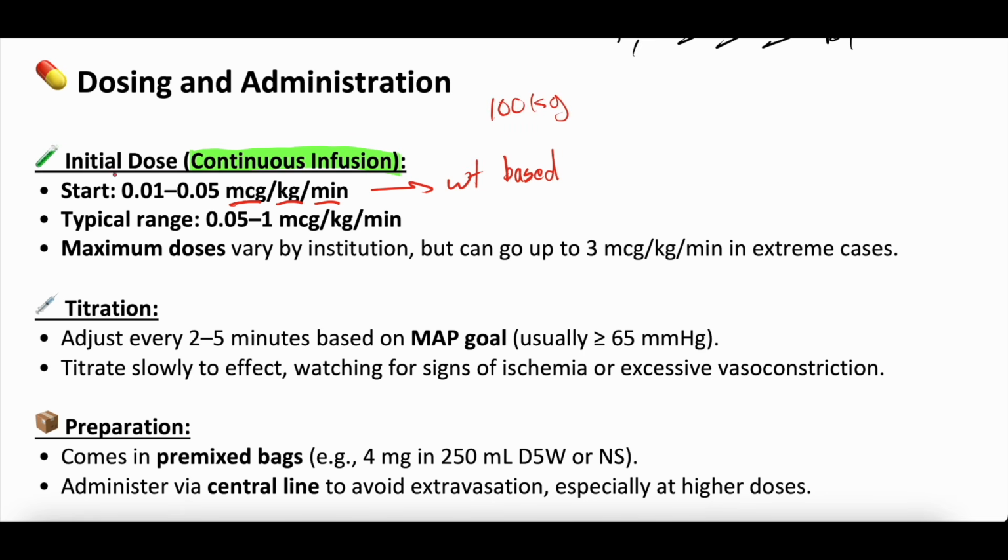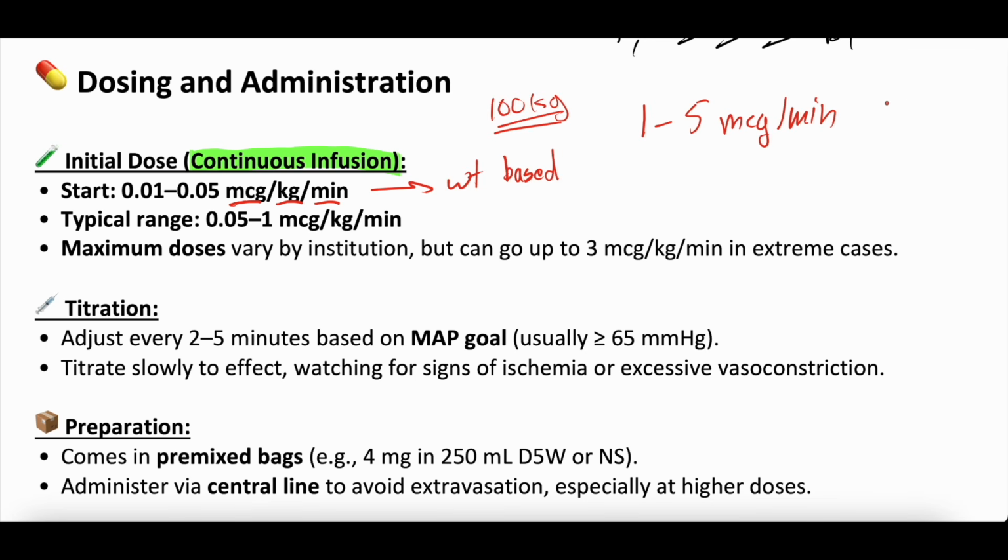They'll say that 0.01 times 100 will start at 1 to 5 micrograms per minute, right? Because if you just multiply 100 kilograms times that 0.01 to 0.05, that's how you can get that number. But some institutions don't use the kilograms. They just titrate it based on micrograms per minute.